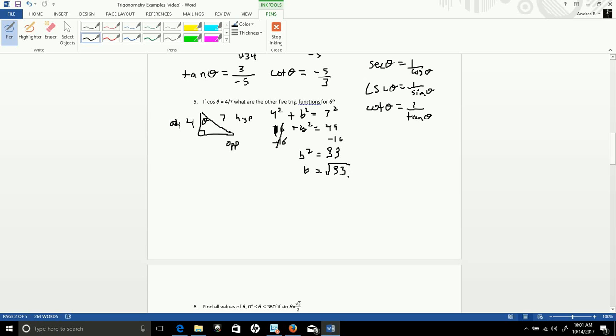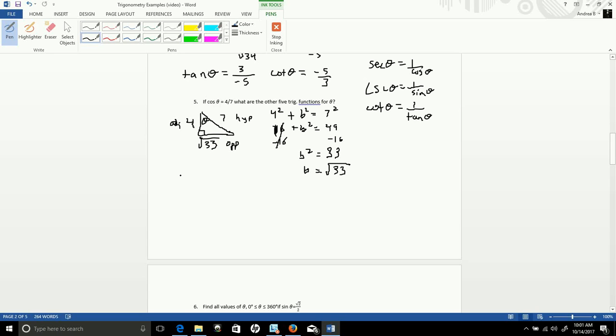So make sure, like normal, that you are going through and showing all of your work for these. Make sure that you get them set up correctly. And then here, to figure out your other trig functions now, you're going to use what we have for those opposite, adjacent, and hypotenuse sides. So I'm going to label it on the triangle here, make it easier for us to label them.